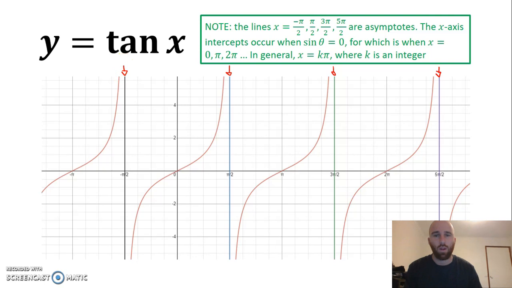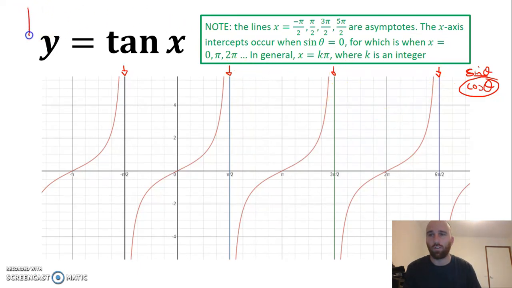Why do we have the asymptotes there? Think again about sine theta over cos theta. These are the locations where cos theta is actually 0. Remember that you can't divide any number by 0. So if cos is 0, you can't divide that function, and that's why we get the asymptote. Cos is 0 at pi on 2, 3 pi on 2, 5 pi on 2.